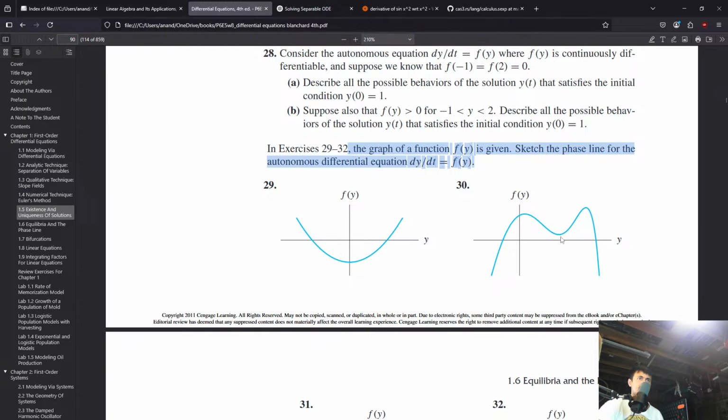Right, so the phase line here, for this one, we're going to have a line with two dots.